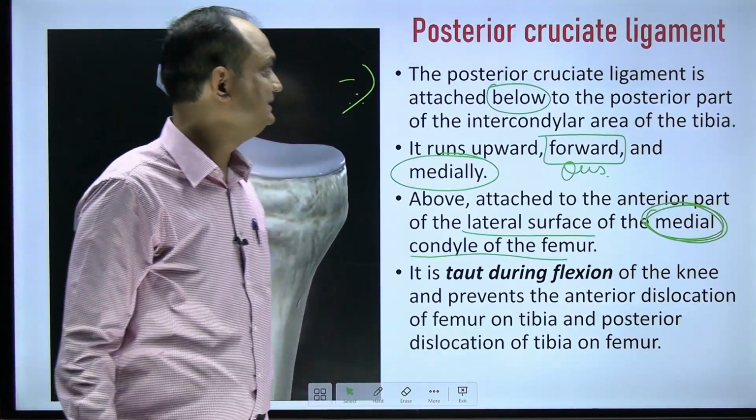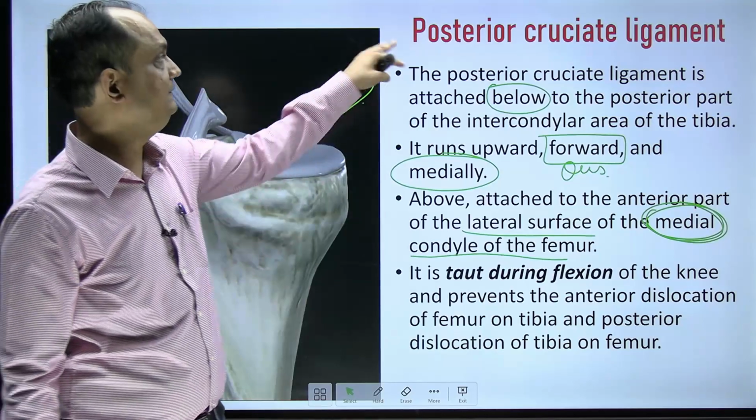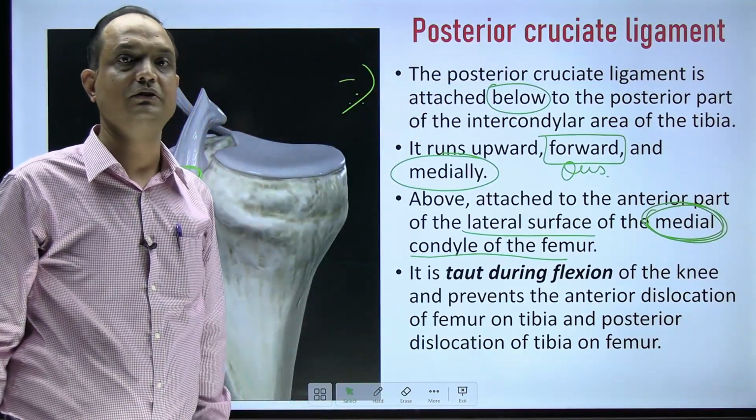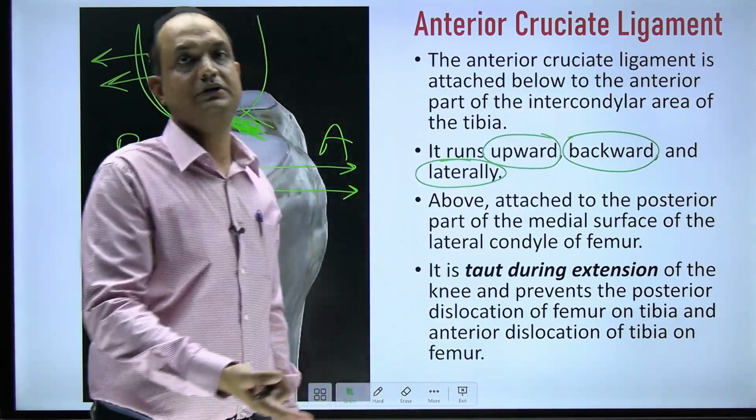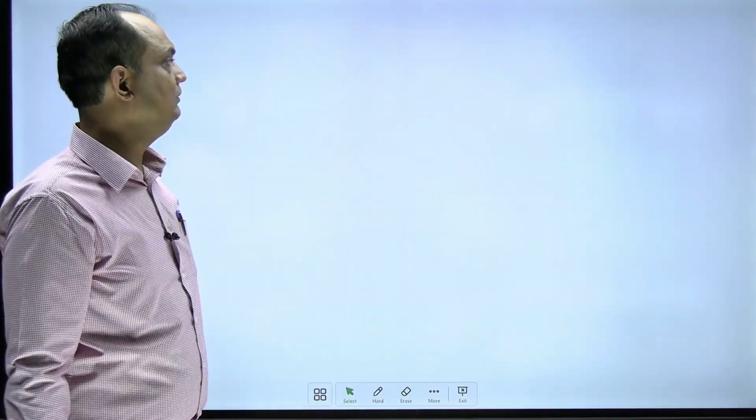Clear? So this is the important thing to understand: PCL avoids posterior dislocation of the tibia while ACL avoids anterior dislocation of the tibia.